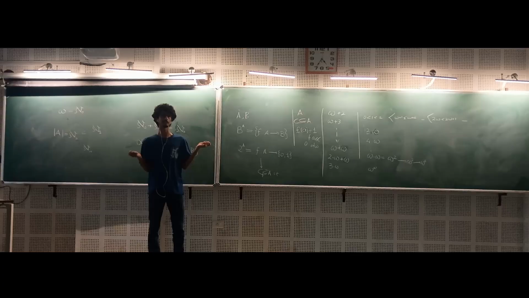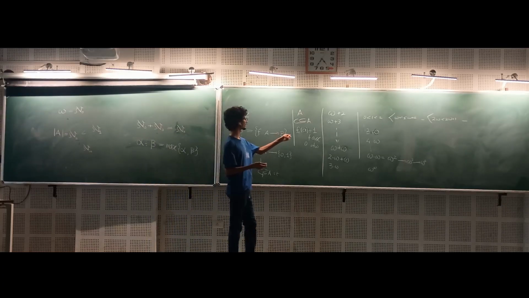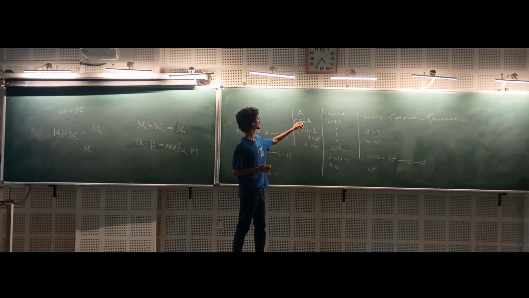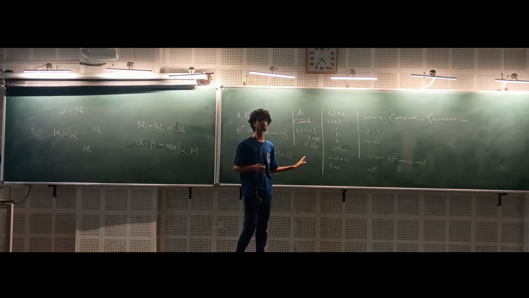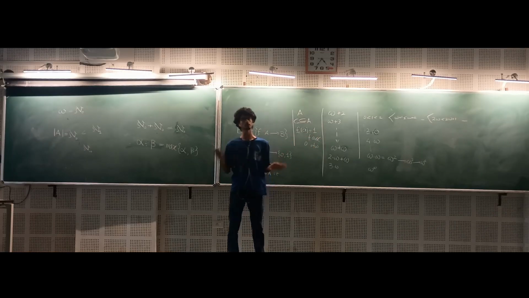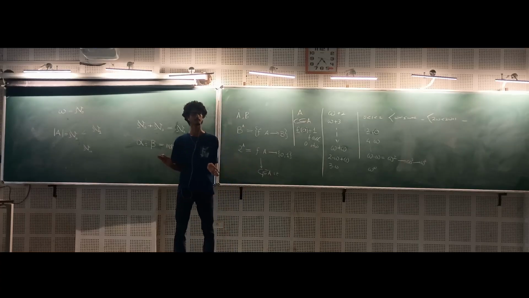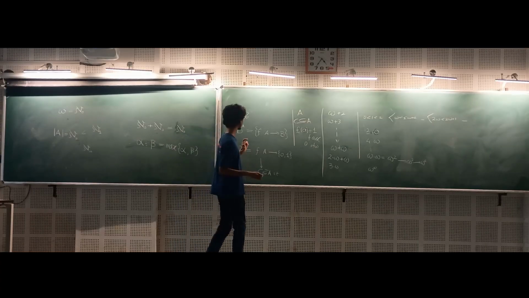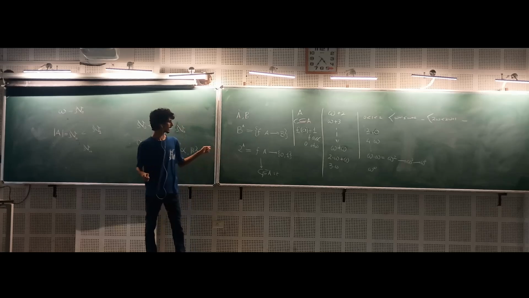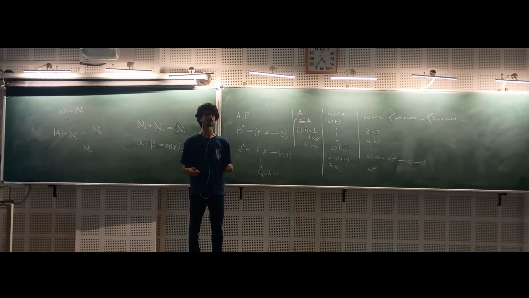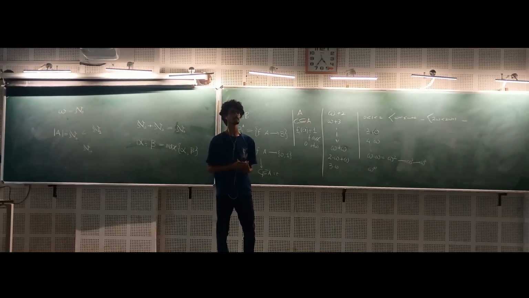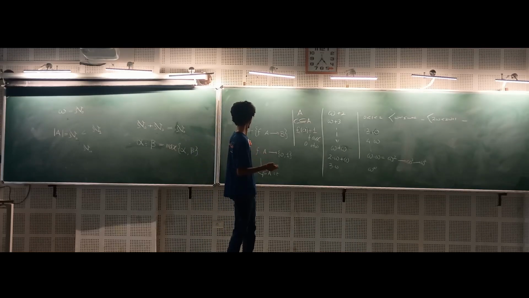Would you agree this is a valid function? Given a subset, this is called the characteristic function of C, but that's not important. If a is in this set, I give it value 1. If not, I give it value 0. This is a function from A to 0, 1. What I'm trying to say is that 2 power A is in bijection with the subsets of A. There are as many subsets of A as there are functions from A to 2.